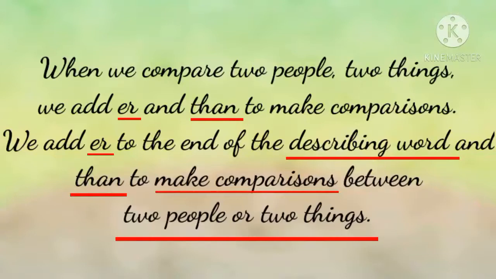So by this, what do we understand, children? We understand that when we compare two people or two things, we add er and than to make comparisons. We add er to the end of the describing word and than to make comparisons between two people or two things. So this is what we are going to study in this chapter.